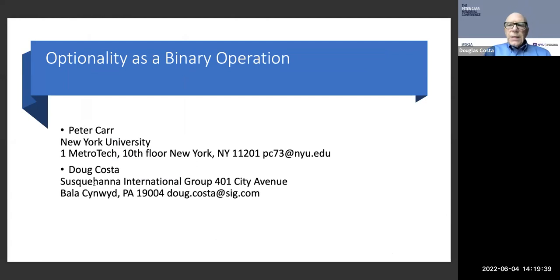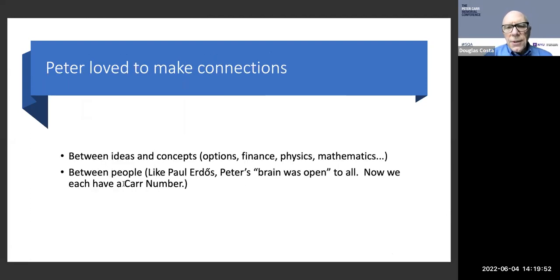Okay, here we go. So optionality is a binary operation. This is joint work, as I said, with Peter, and it relates to abstract algebra. Peter loved to make connections between ideas and concepts of all kinds from multiple fields. And he also liked to make connections between people.